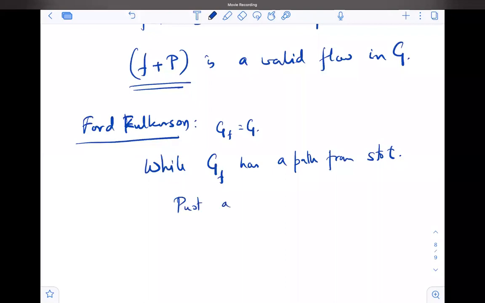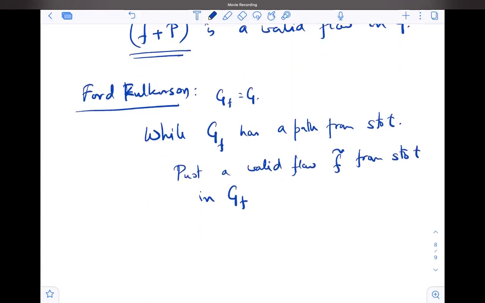Push a valid flow, say F tilde, from S to T in GF, any valid flow, and update GF, which basically gets updated to G of F plus F tilde.